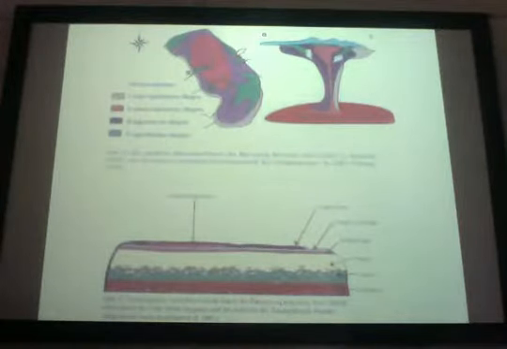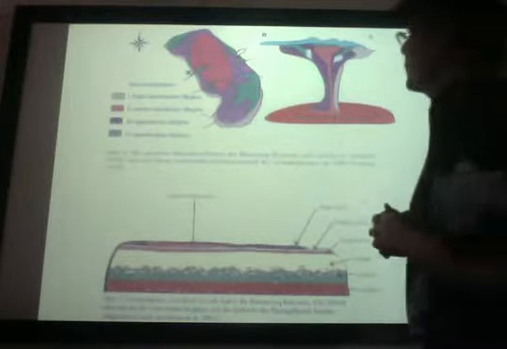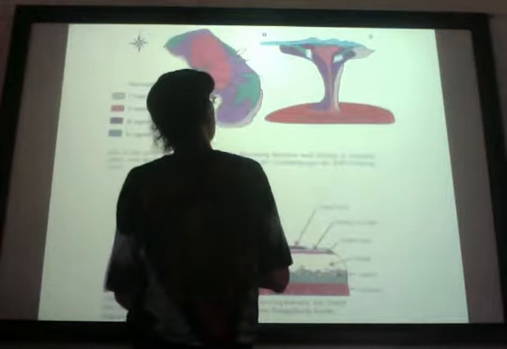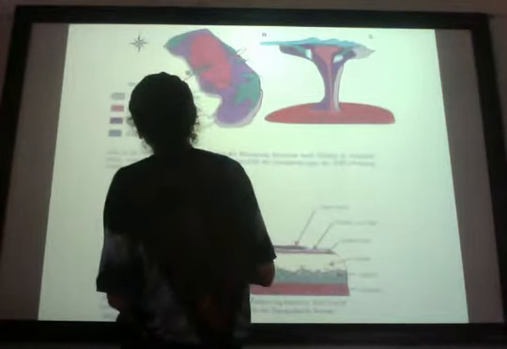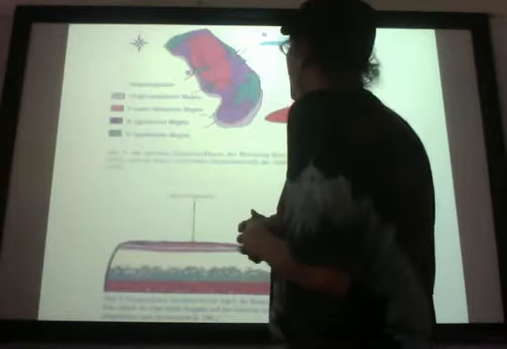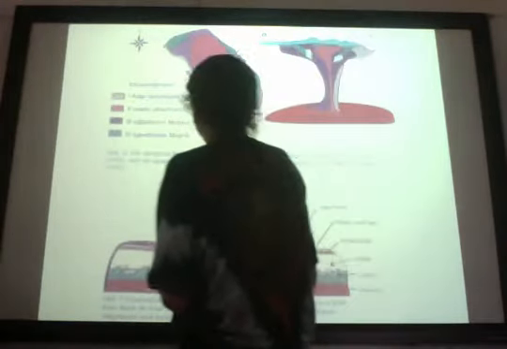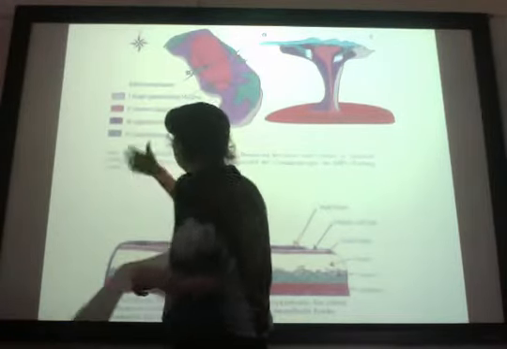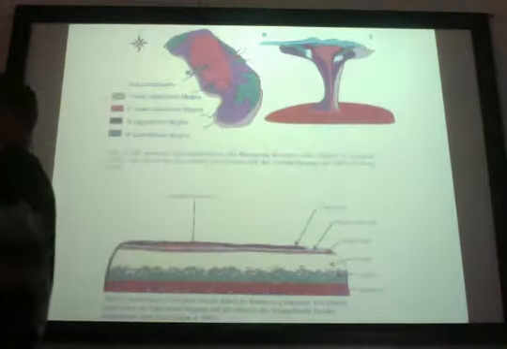And here we have the different intrusive phases. That was one result of my work which I have done here. We have 4 intrusive phases. At first we have the augite syenitic magma. You know by now what augite is.